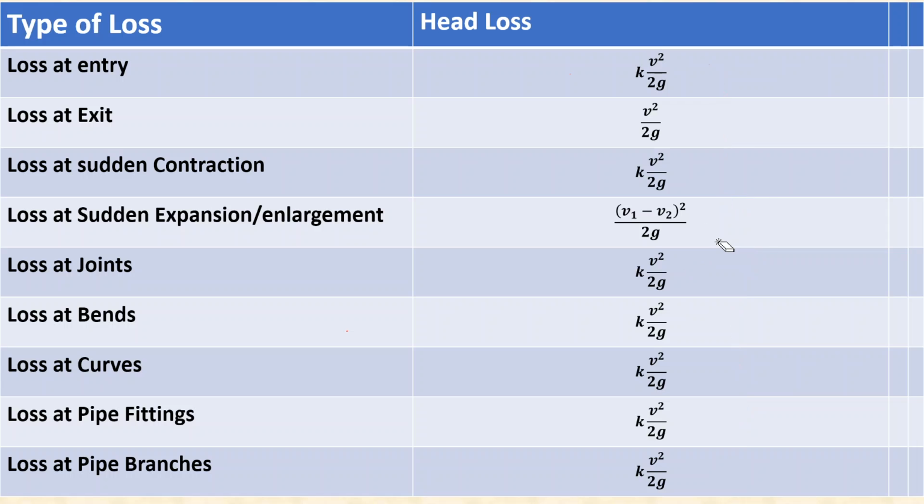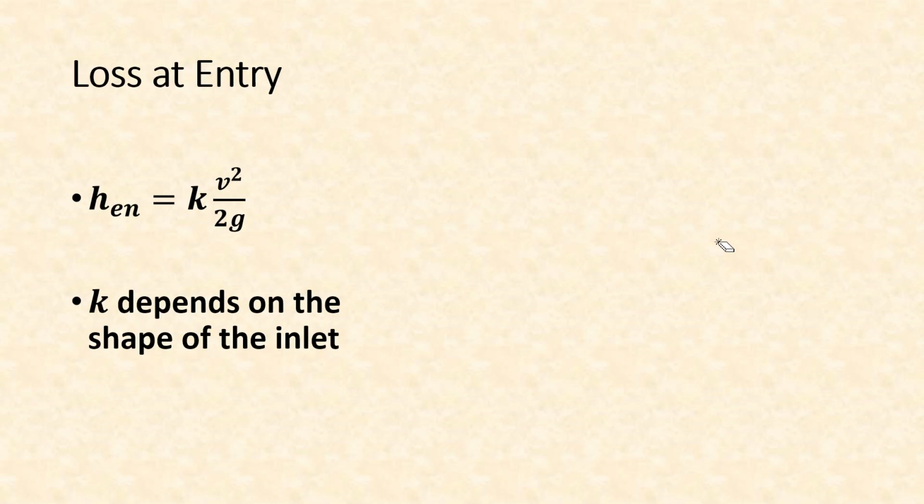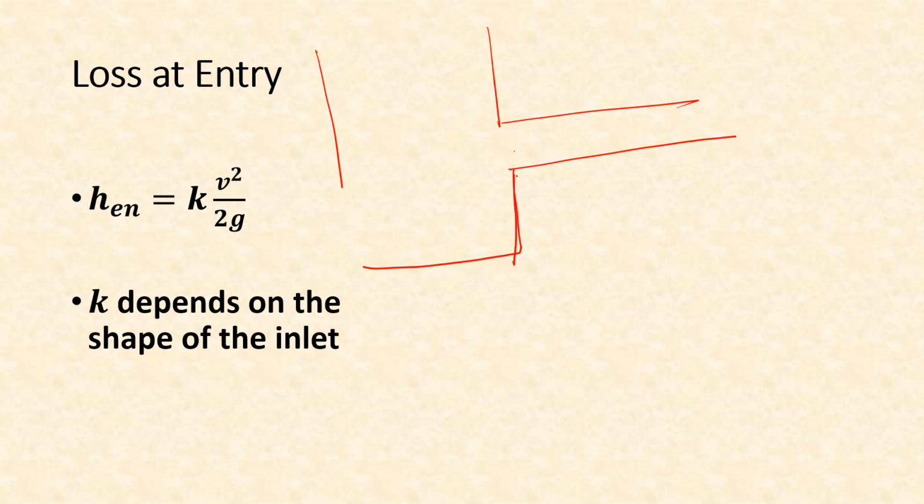So now let's get to the first kind of minor loss, which is loss at entry, and that is when water enters a pipeline. It may be from a reservoir or tank. When it enters, for a small length, the flow lines actually converge.